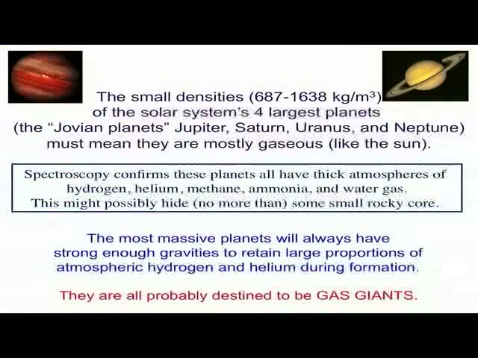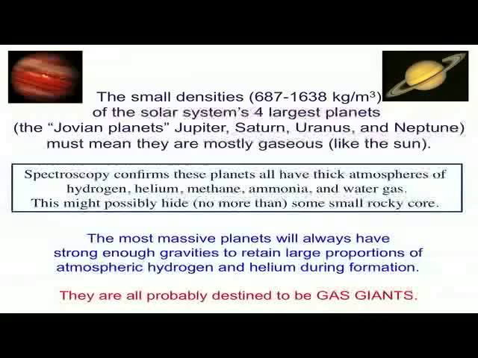But I'll remind you that the biggest planets are all gaseous planets. That's confirmed by spectral analysis. Studying the light reflected off those planetary surfaces tells us something about the composition and the state of the matter on that planet. They're all mostly balls of gases.